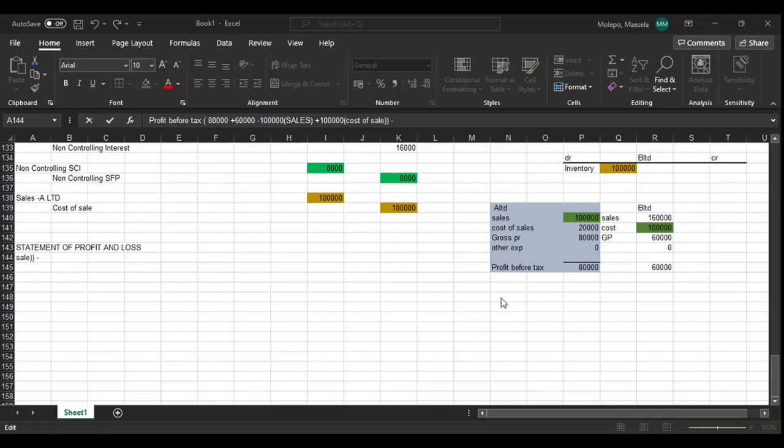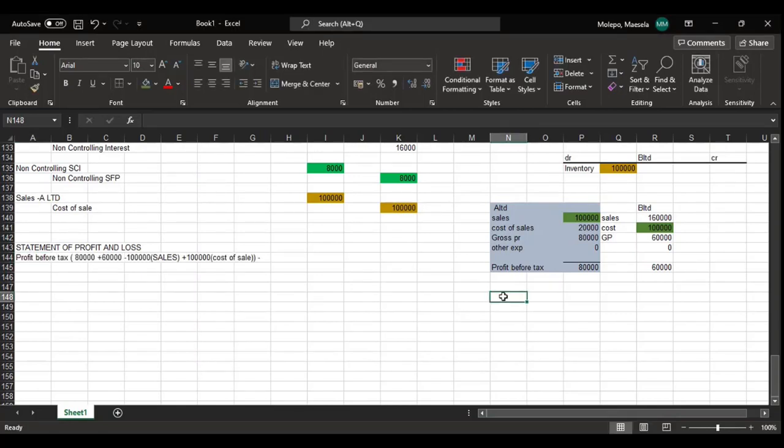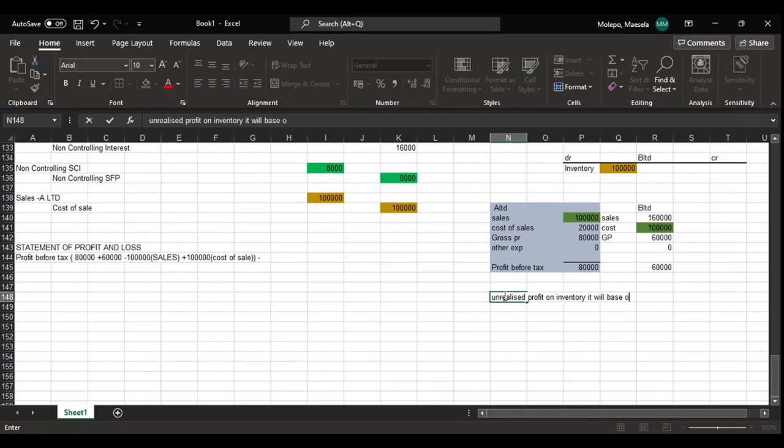Yes. Okay, now let's calculate the profit on that inventory. It means the inventory is not sold. As I said, unrealized profit is only on the inventory not sold, as per what you wrote before. Unrealized profit on inventory to be based on inventory not sold.